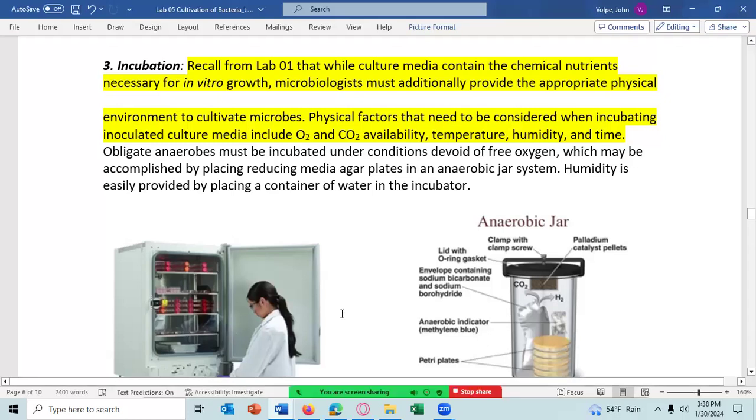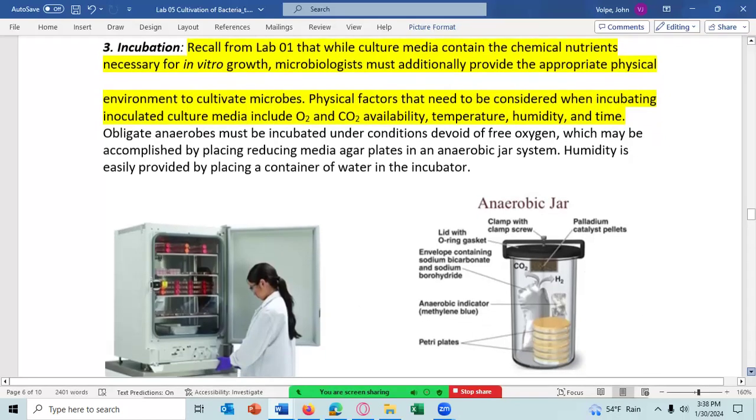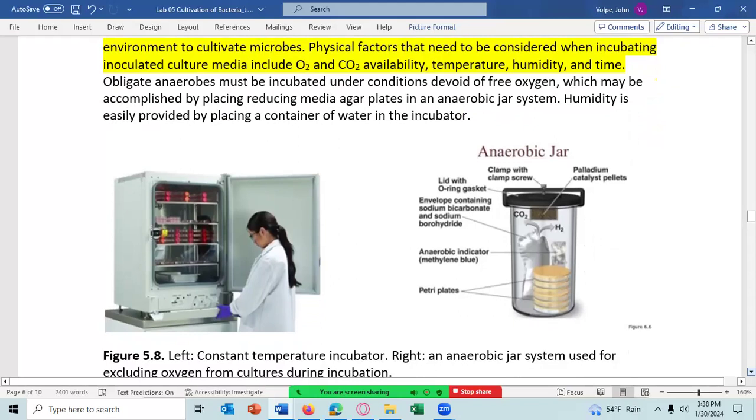This is a fancier incubator, and besides controlling the temperature, the time, and the humidity, this one can control the levels of oxygen inside the incubator, as well as the levels of CO2. I remember there was a bacteria that grew better in high CO2 levels.